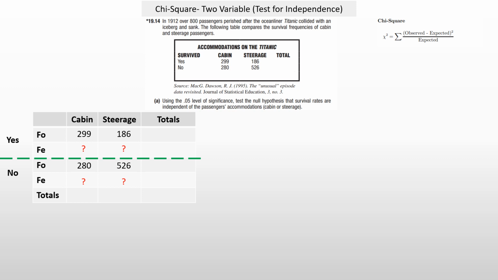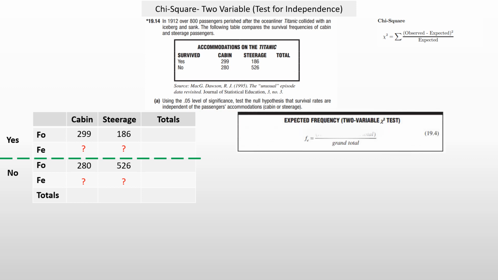Right, so how do we find those expected values for each row and each column? We use this formula here. Expected frequencies, or FE. FE means F expected, FO means F observed.